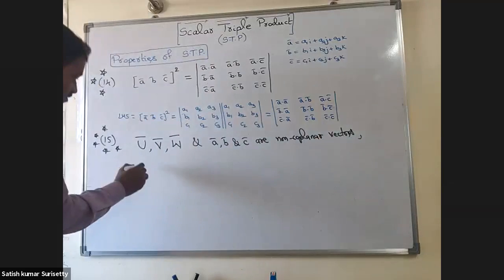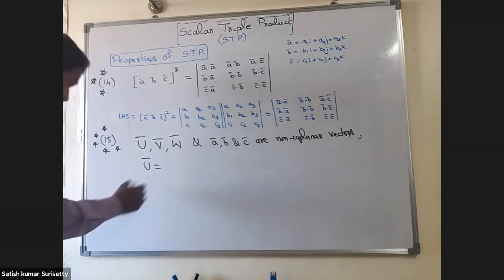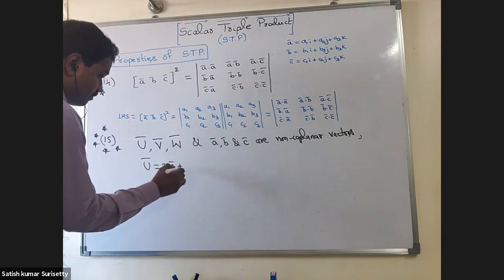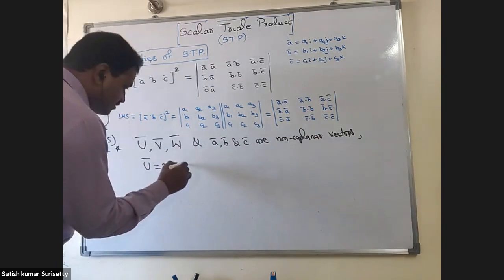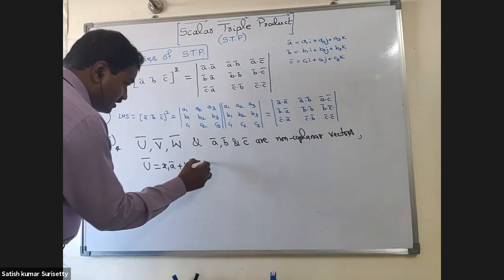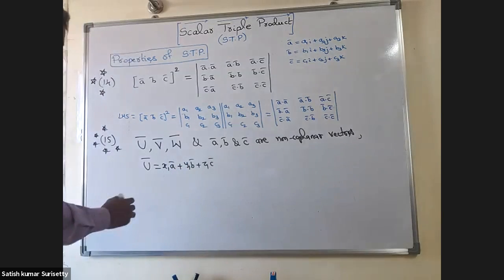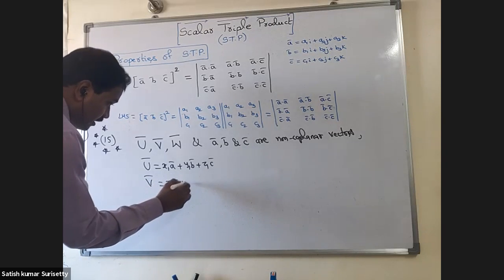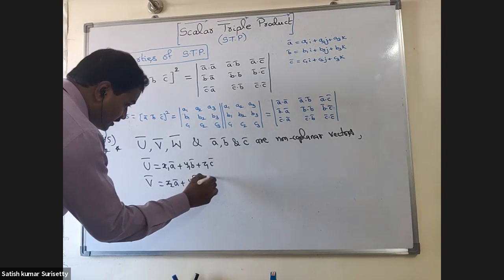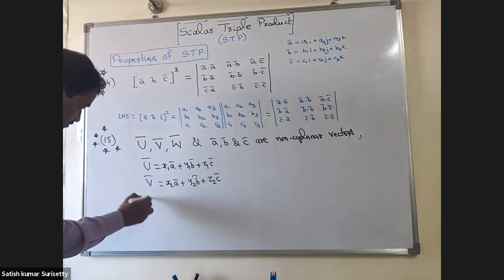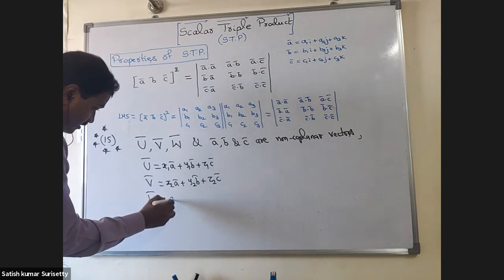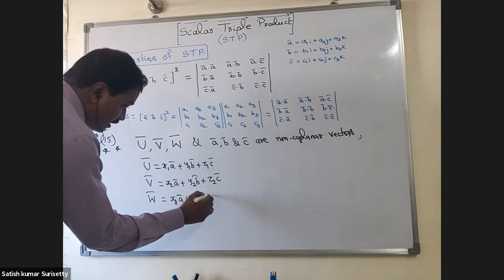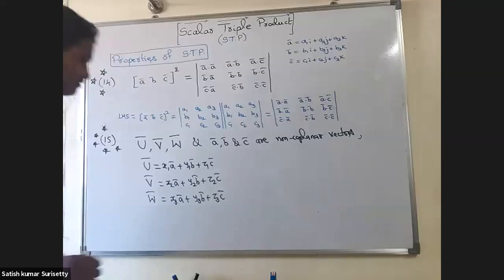Let u bar equal to x1 a bar plus y1 b bar plus z1 c bar, v bar equal to x2 a bar plus y2 b bar plus z2 c bar, w bar equal to x3 a bar plus y3 b bar plus z3 c bar.